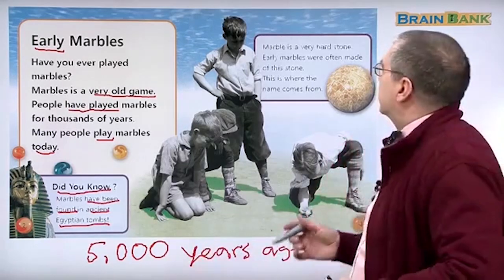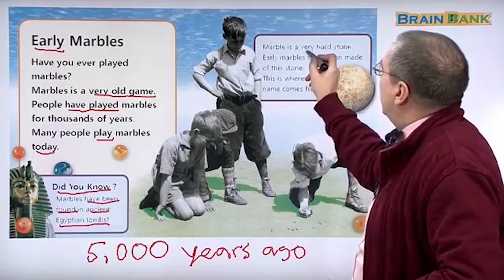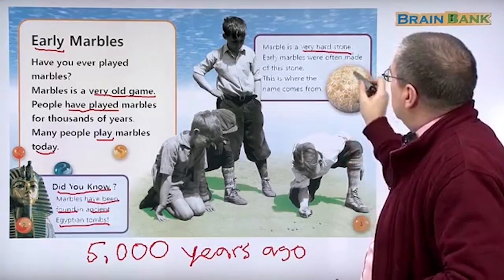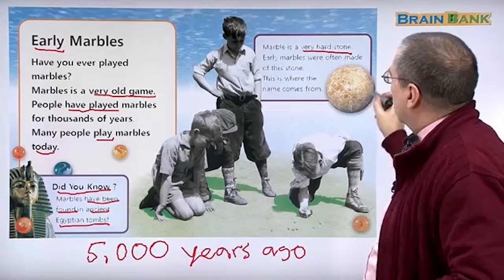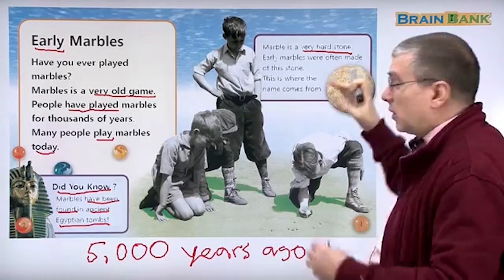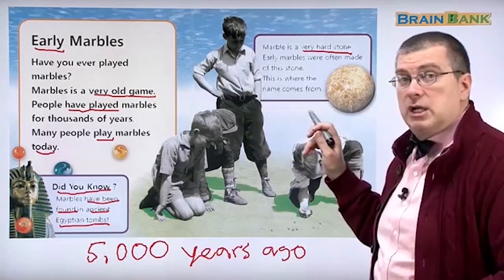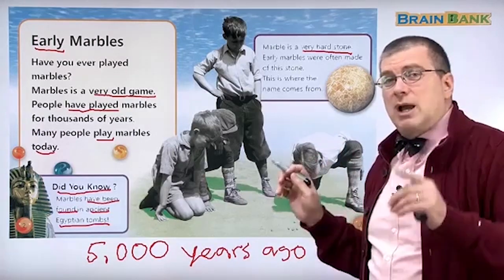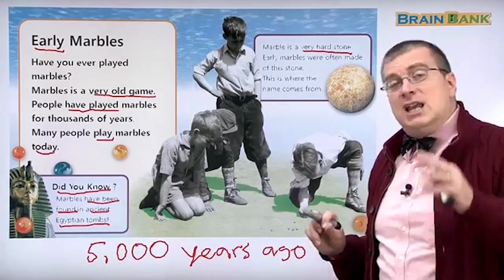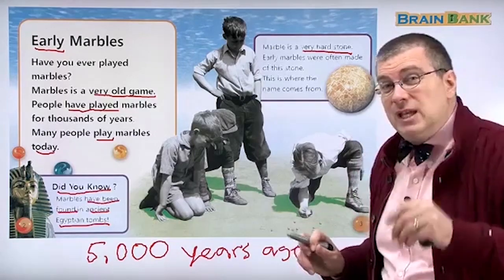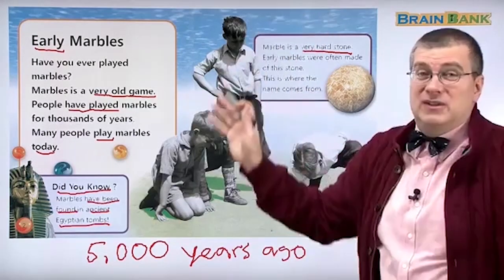Well, think about this. Marble is a very hard stone. Do you see this rock here, this marble? It's perfectly round. It's very smooth. But it comes from a rock. It's a very special rock. Think about buildings. If you go downtown to your city, look at the big office building.